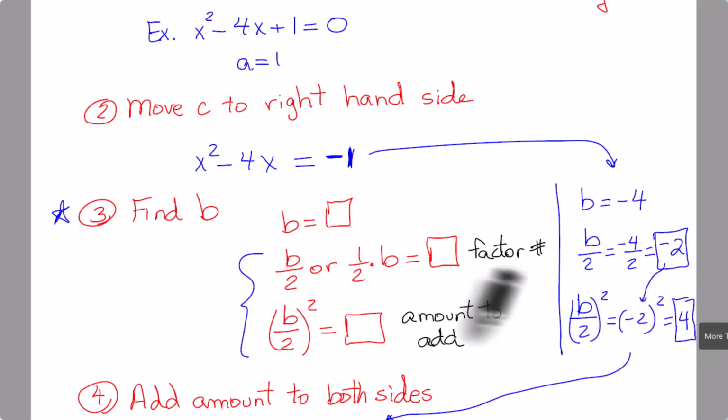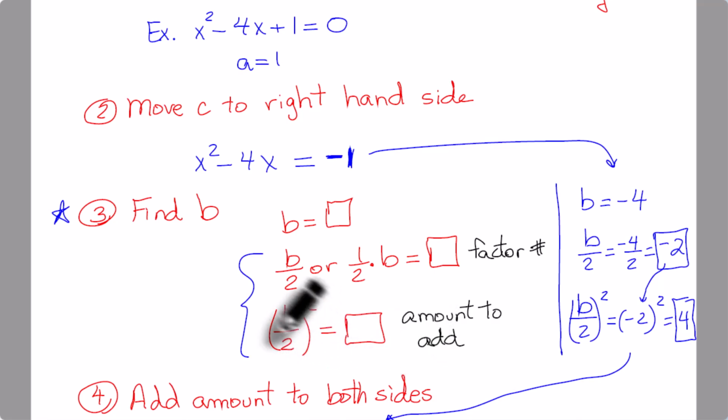Okay? Now you might say, what do you mean B over 2 or 1/2 times B? Typically, the first one is the easiest. But if B happens to be a fraction, then 1/2 times B is not as confusing. All right, once we've got that, what do we do next?